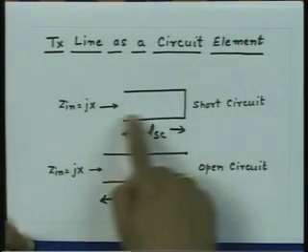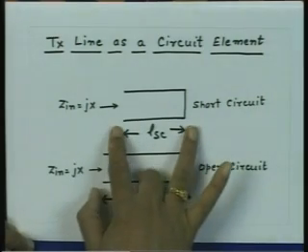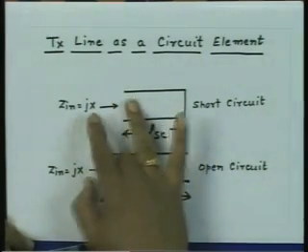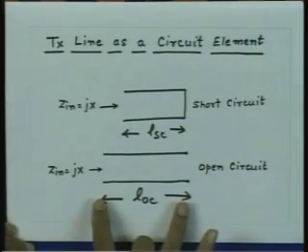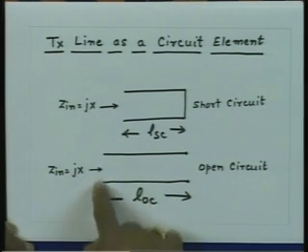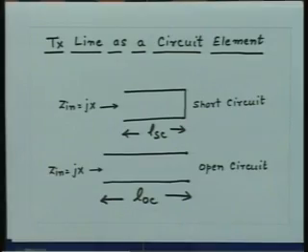The short circuit will appear like an open circuit after a distance of lambda by 4. So, this line, if the length is lambda by 4, will appear like a parallel resonant circuit, whereas this line, if the length is lambda by 4, will appear like a series resonant circuit because the impedance will be very close to 0. So, now specifically we just consider the sections of transmission line which are having length of lambda by 4 and find out its input impedance, and then go to the calculation of the quality factor.